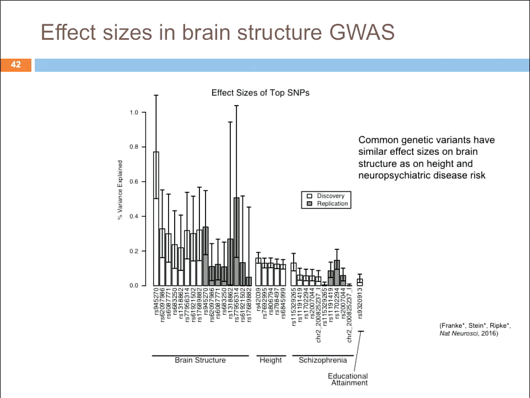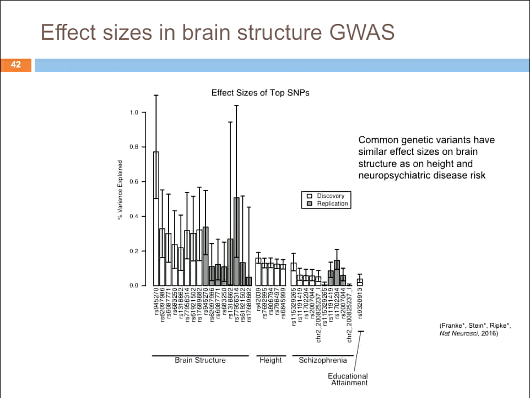What we find is, first, that common genetic variants have a very similar effect size on brain structure as compared to neuropsychiatric disease risk and height. Even with sample sizes now approaching 30,000, 40,000 subjects, we are not getting effect sizes of 40%. We're getting effect sizes much less than 1%.